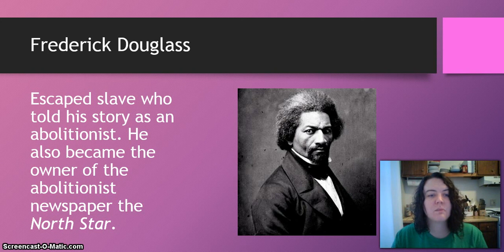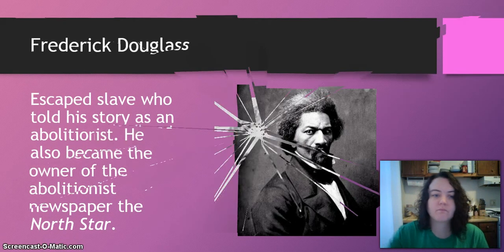He was the escaped slave who told his story as an abolitionist, and he also became the owner of the abolitionist newspaper called The North Star. And remember that his story made a big difference in how people viewed slavery in the South, because he was able to tell them what happened to him, and so they were able to see what it was like firsthand, or hear what it was like.